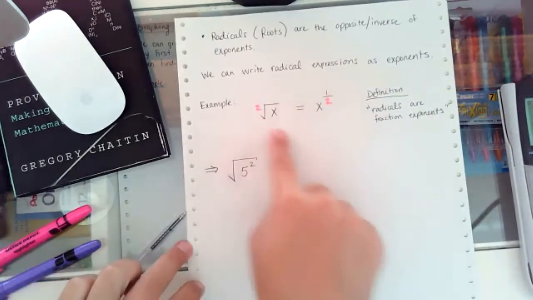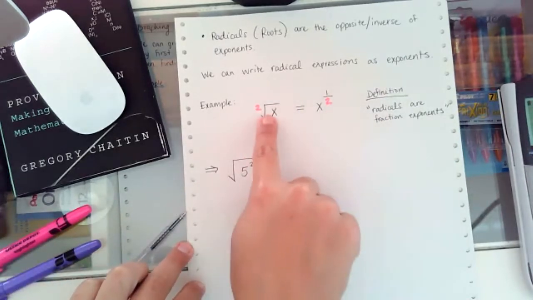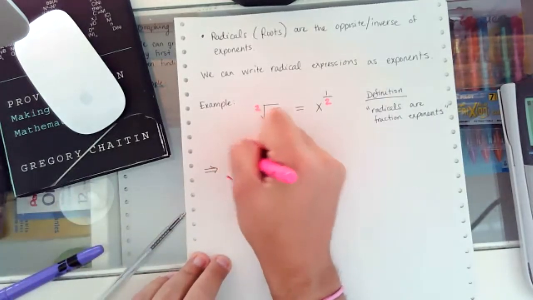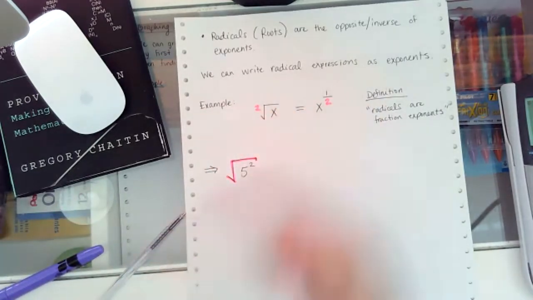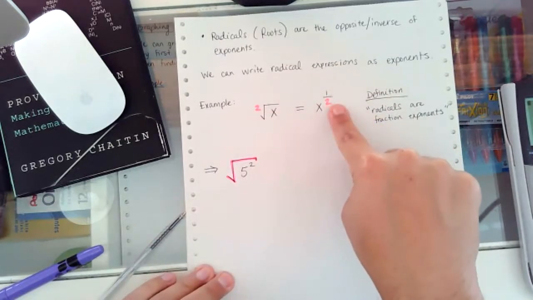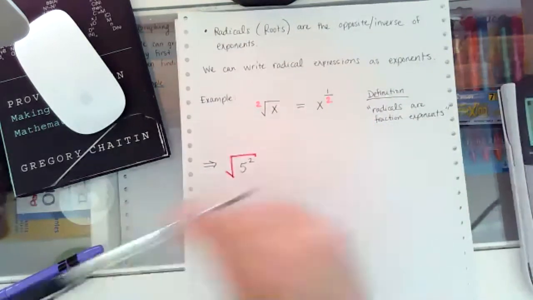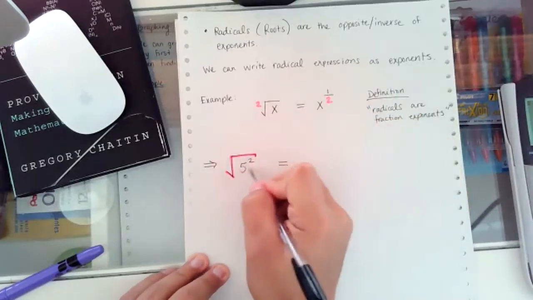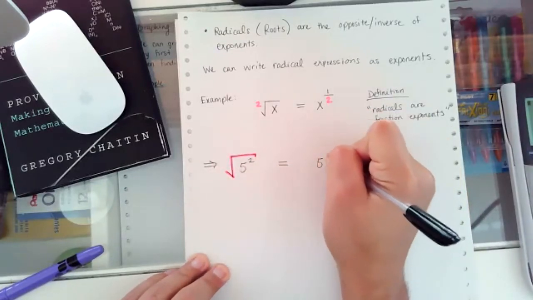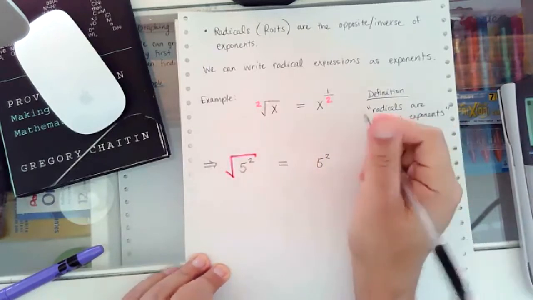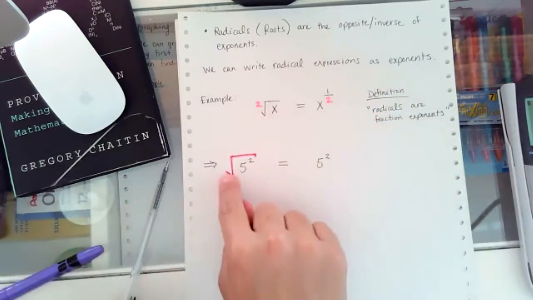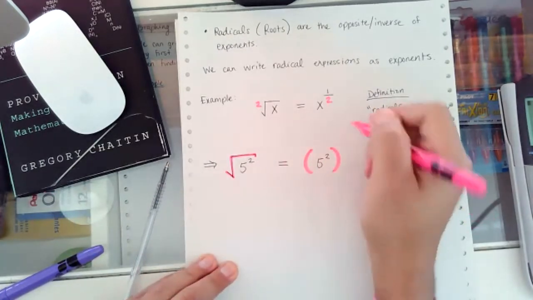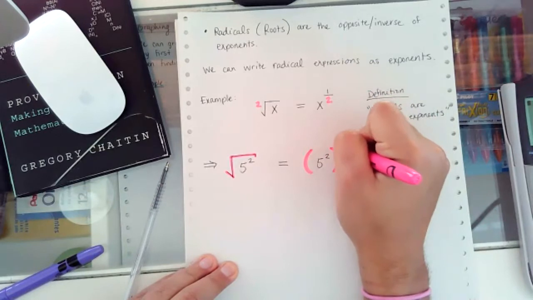Based on this definition, I could write the root part, which is this part, as a fractional exponent so that I can convert this expression. The stuff on the inside is going to stay the same. So I'm going to leave it as 5 to the second power. But now I'm going to say that instead of writing it as a root or a radical expression, I'm going to write it as 1 over 2 power.